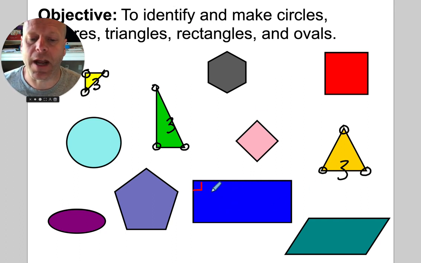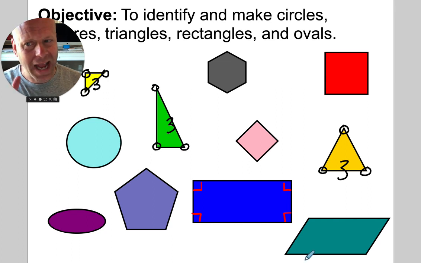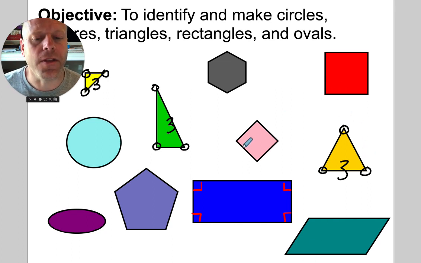Here we have a few quadrilaterals. Quadrilaterals are shapes that have 4 sides. If you notice, this quadrilateral is special because it has 90-degree corners. This one over here does not have 90-degree corners, so it kind of depends. This is another special one that has 90-degree corners, even though they're kind of tipped over. Here's another one that has 90-degree corners.